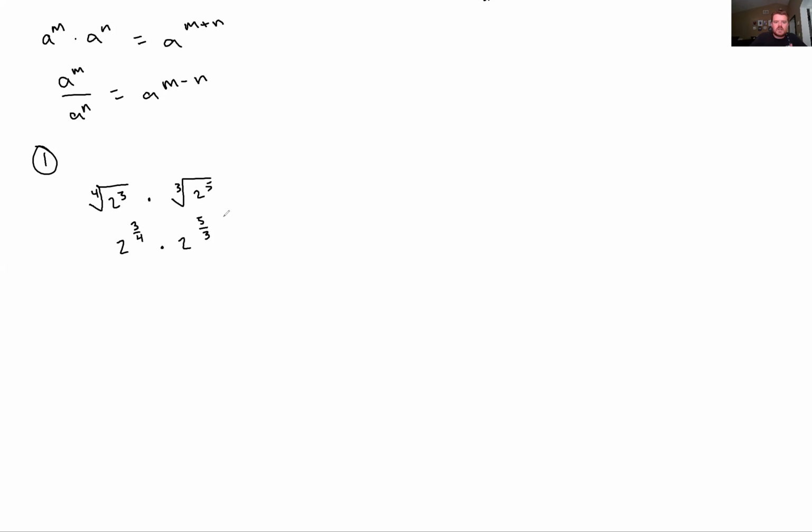Now our product rule says we need to keep the base, add the exponents. Yes, these are fractions, but it's the same process. We're going to add the two fractions. So also as review, you can use your least common denominator, or you can use the butterfly method to combine those. If I was using the butterfly method, let's say, this would be 2 to the 3/4 plus 5/3.